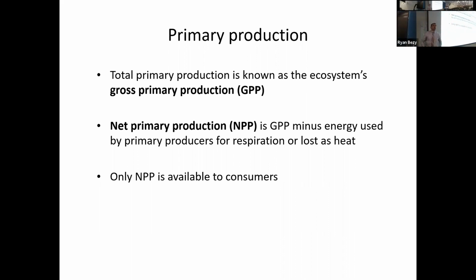Questions about that? With the plants or producers, some of the energy they harvested has to be used to keep their biochemical activities running, the respiration and energy processing. Only the part converted into biomass, the physical parts of the plant, is left for a consumer to eat.